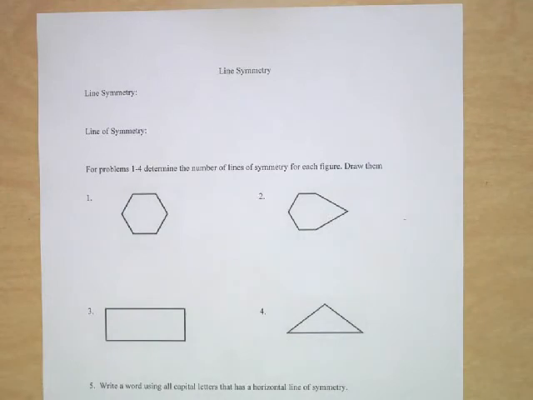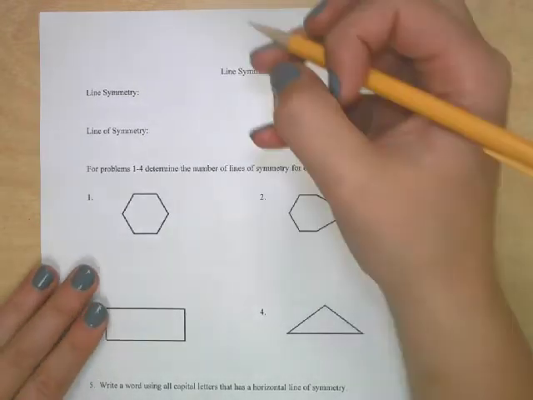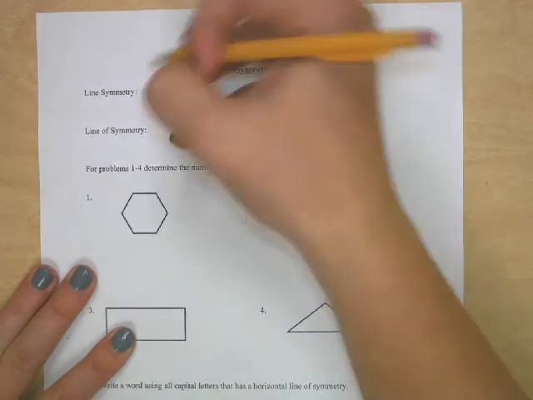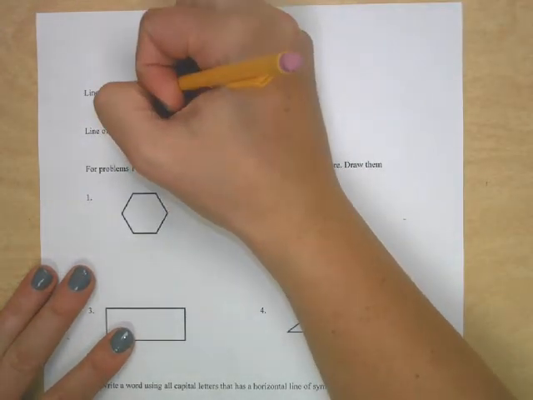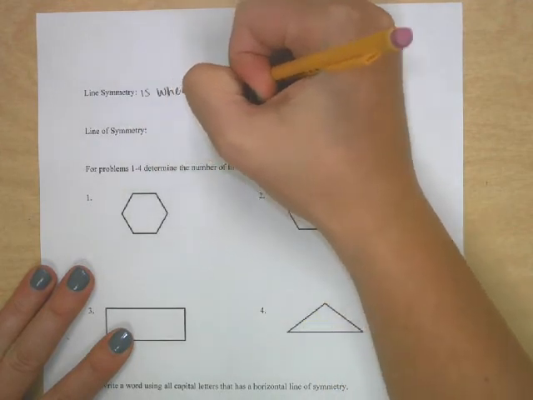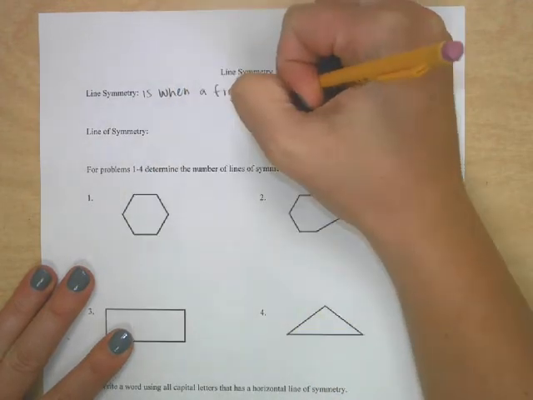I'm going to create a video on line symmetry. A figure has line symmetry when the figure can be mapped onto itself.